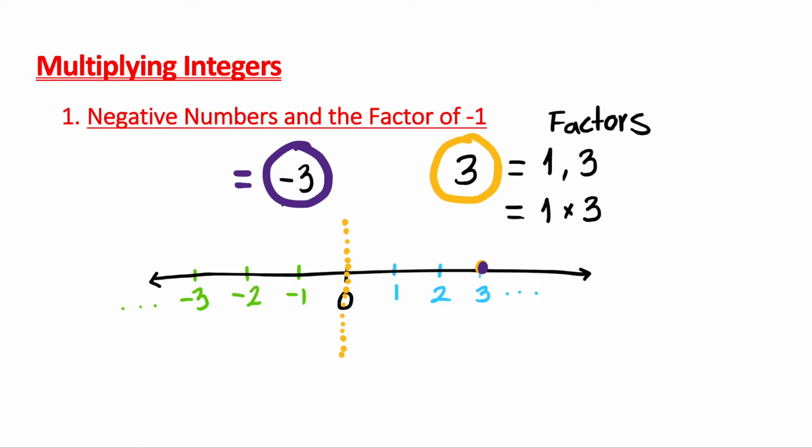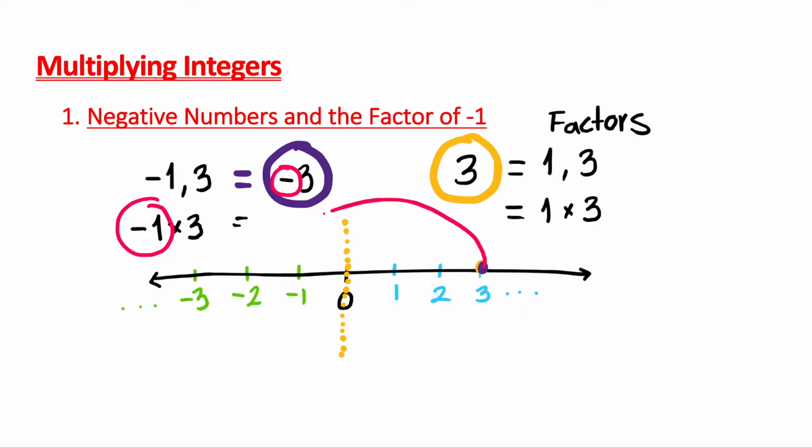So going back to negative 3, what are the factors of negative 3? What happens with this little negative symbol is that it's actually saying that the factors of this negative 3 are negative 1 and 3. In other words, I can write this as negative 1 times 3. So this negative 1, what it's doing to this 3 is actually throwing it to the other side.